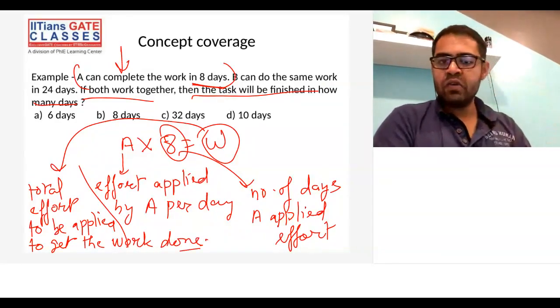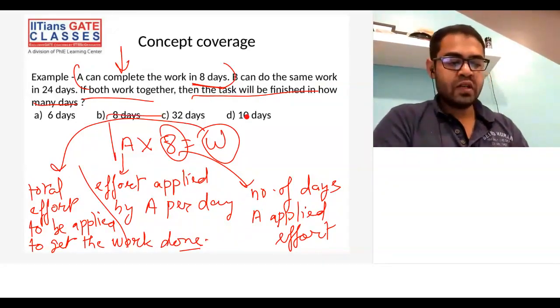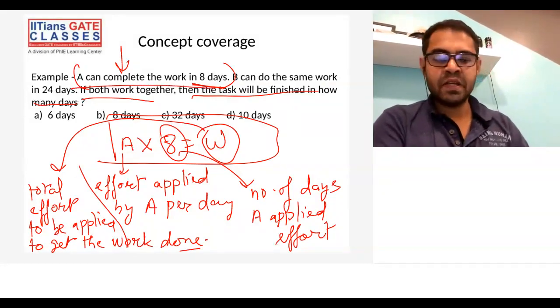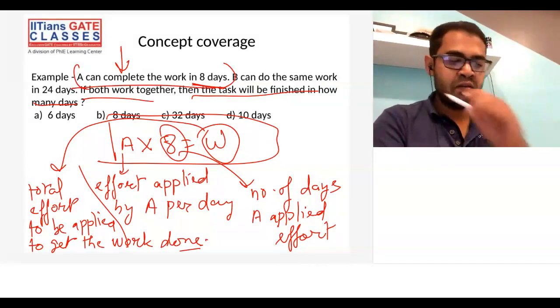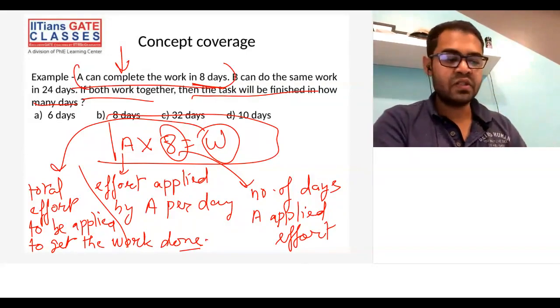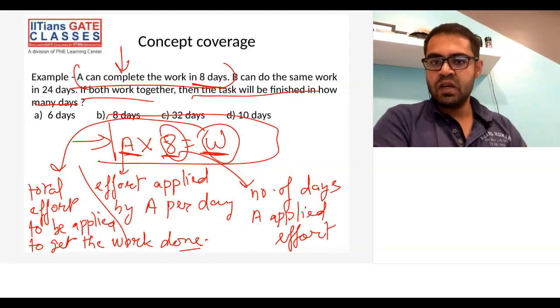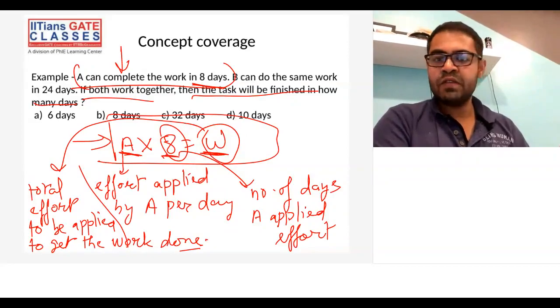So these are my notations, and I really love writing these things based on the statements we have. This makes my complicated statements much easier to read. A works for 8 days and gets the job W done. This is how I am able to form the first equation.